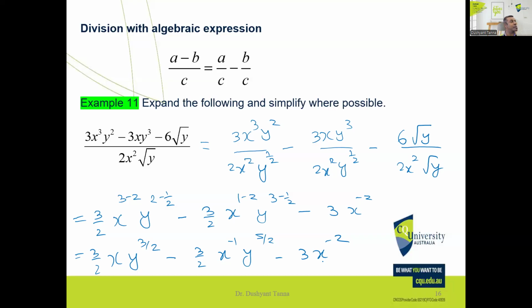I kept it in fraction, but when I see the answer, I'm like, yeah, that makes sense. But the negative powers are all the ones. There are various ways you can go from here. You could have taken 3 over 2 outside.